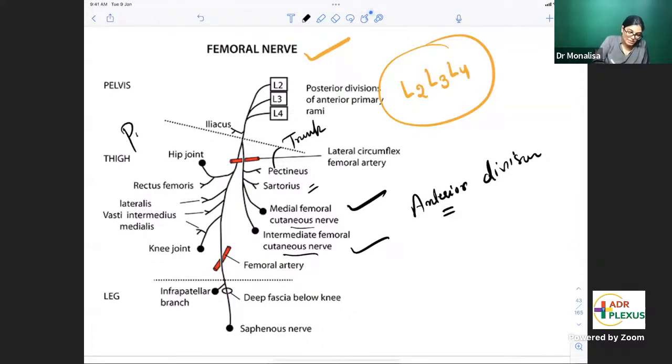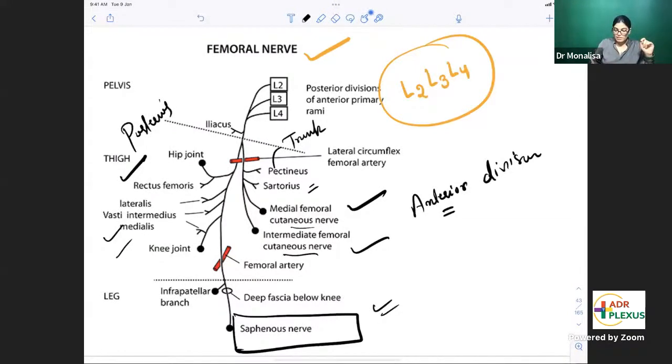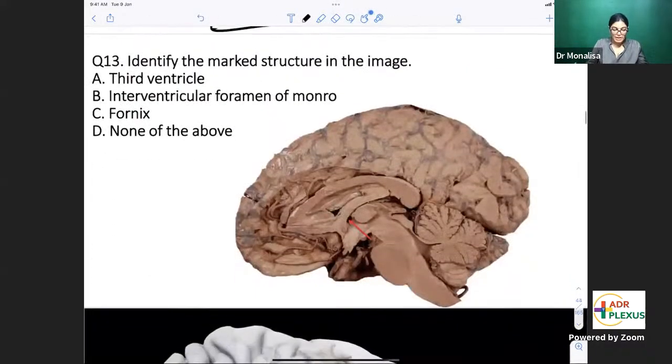From the posterior division, it gives muscular branches to quadriceps femoris, formed by four muscles: rectus femoris, vastus lateralis, medialis and intermedius. It also gives one cutaneous nerve, the saphenous nerve, going to the level of the great toe. So this was the wrong statement. Now let's move on to the next.